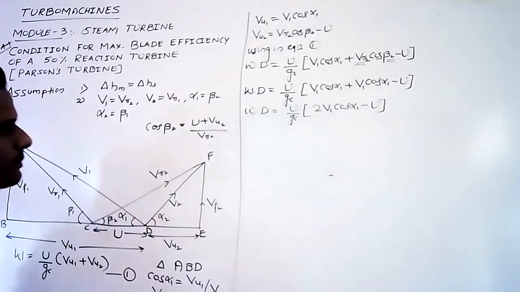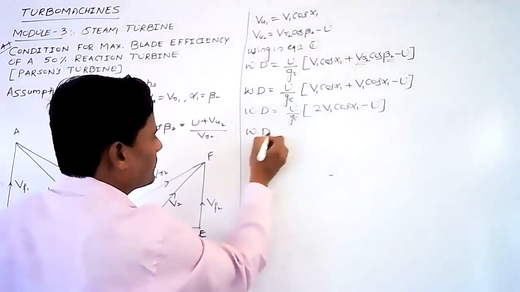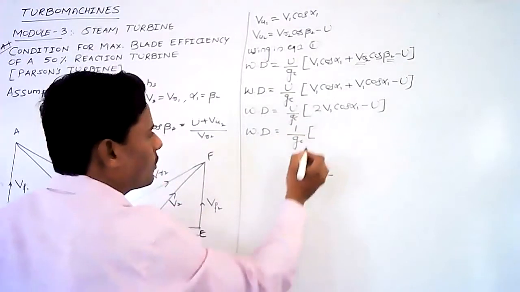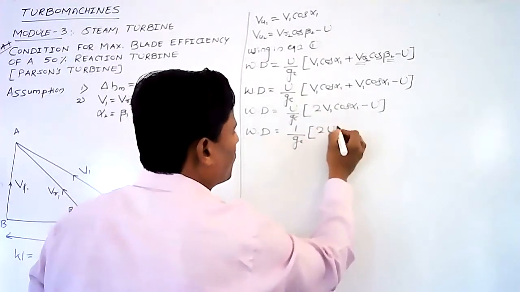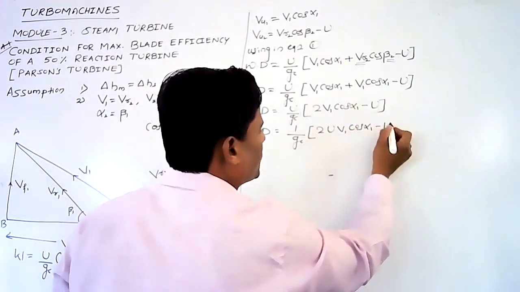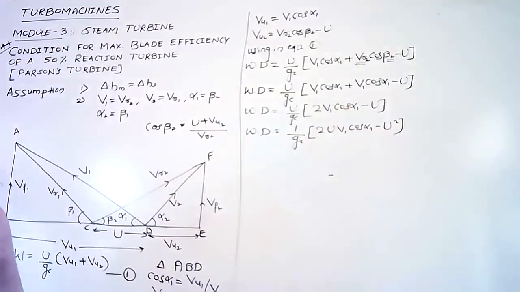Now let us open the bracket by multiplying U. So WD equals 1 by gc into 2 U V1 cos alpha 1 minus U square.